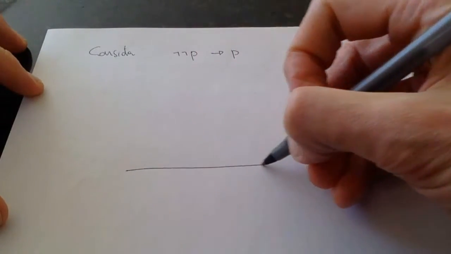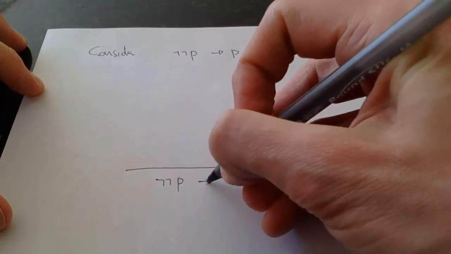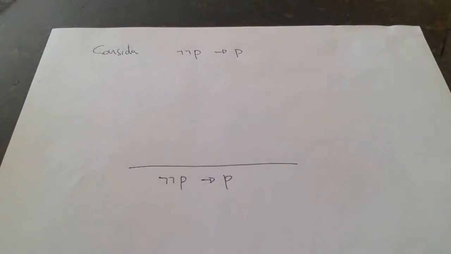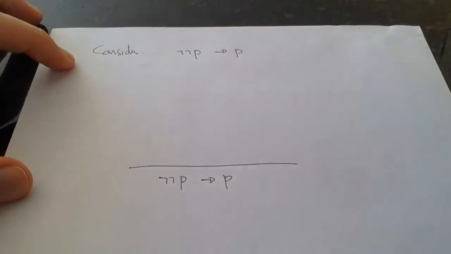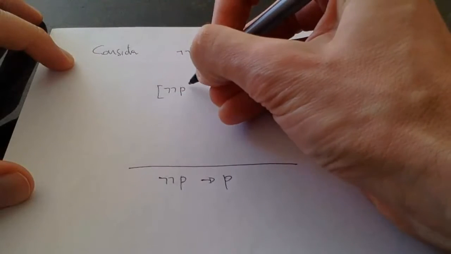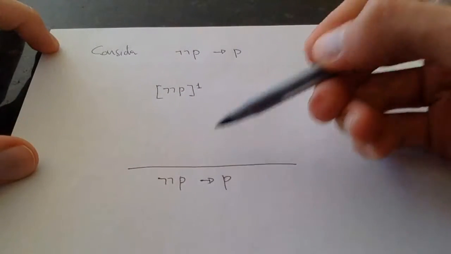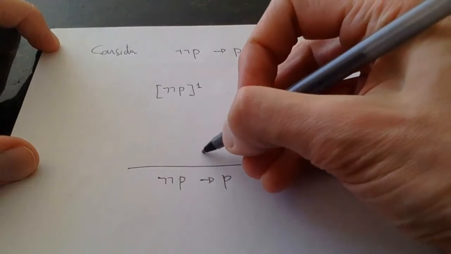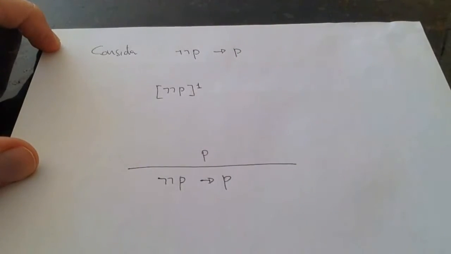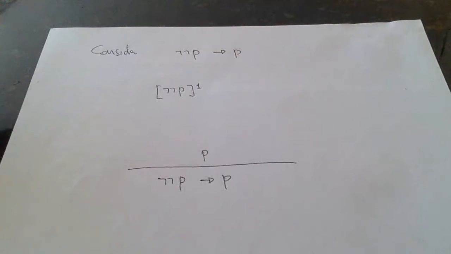So I'm writing here at the bottom, not not P implies P. That's what we want to derive. I'm going to assume somewhere up here, not not P. This is assumption number 1. And then I write immediately above this line, P. So we need to fill in this gap between not not P and P.